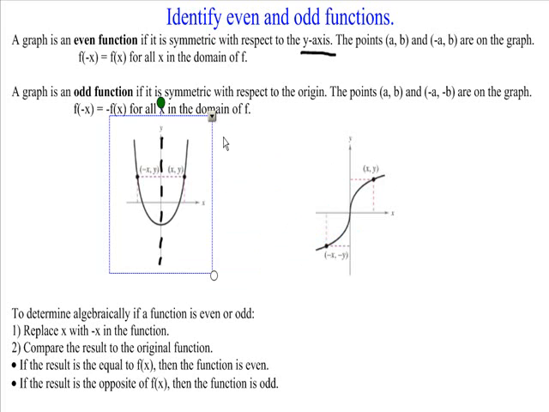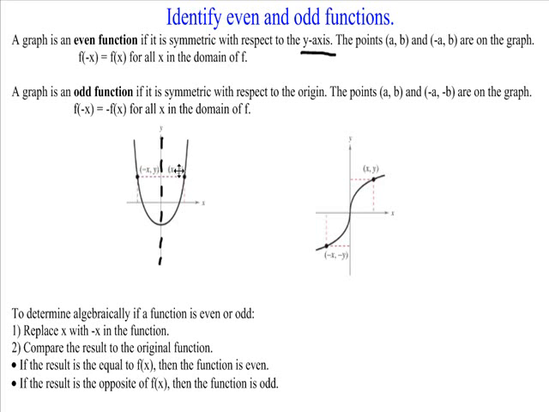So how do the points on those graphs relate to each other? We say that if the point (a, b) is on the graph, then the opposite of a, b is also on the graph. Here it's designated with x and y. If (x, y) is on the graph, then (-x, y) is on the graph.